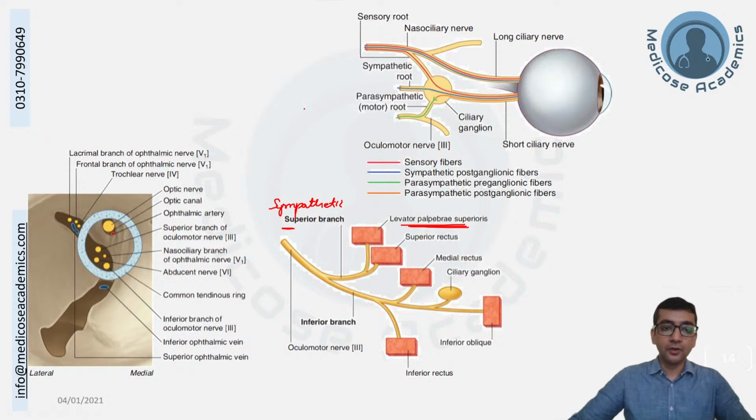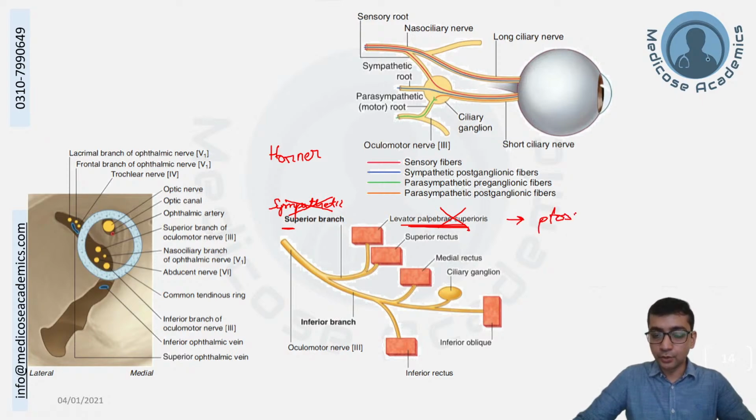And that is why, when there is Horner syndrome, with a loss of the sympathetic supply, the levator palpebrae superioris fails to function and it leads to ptosis. Ptosis means drooping of the eyelid. So this is about the superior division.